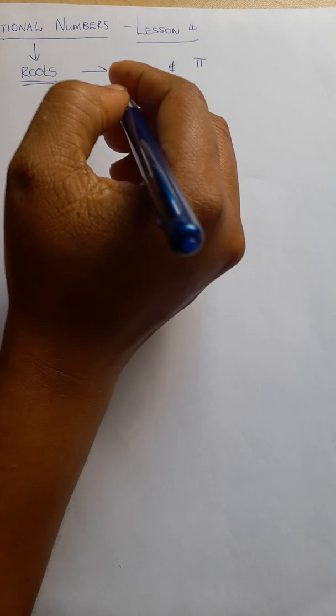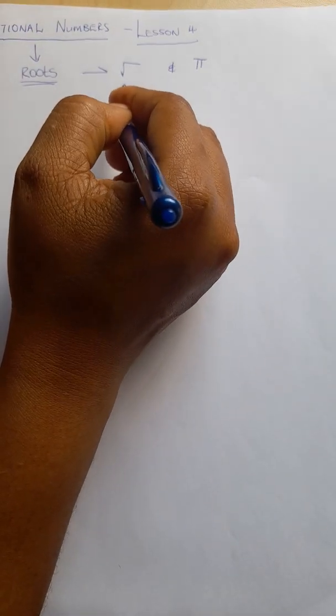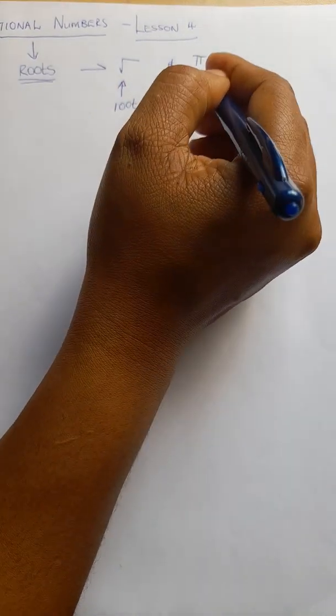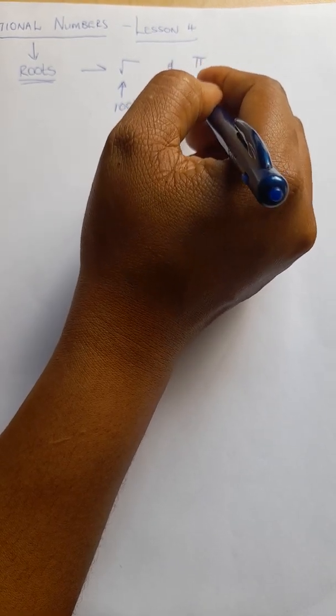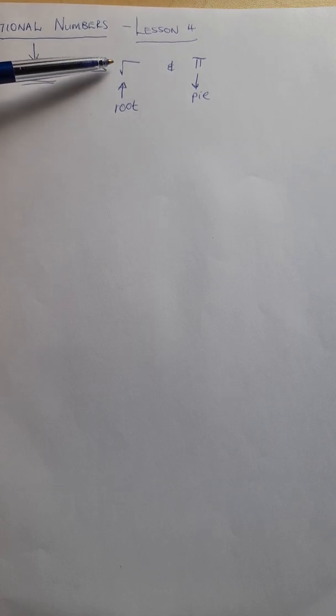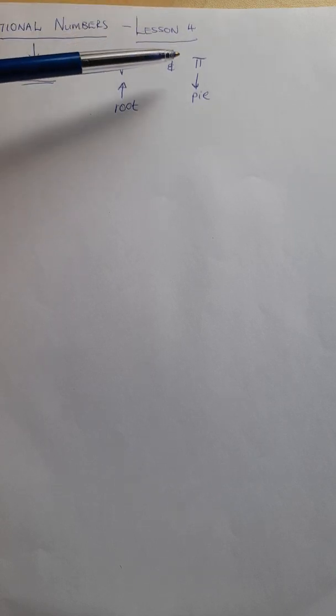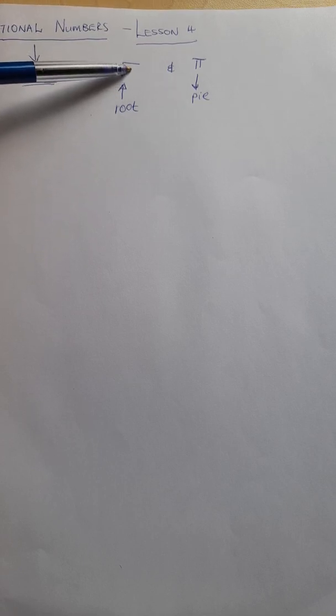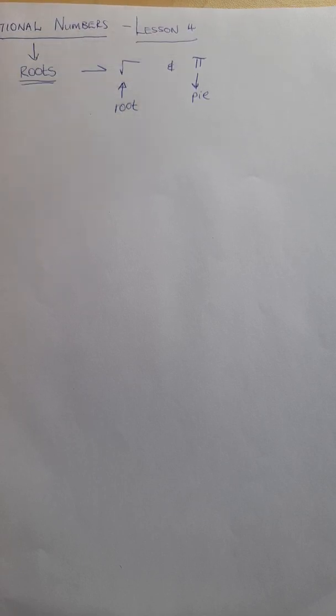And we said the examples of the irrational numbers are roots and pi. This is a root, so let me just write root, and this is pi. Please don't call this a square root. It's a root. I will explain to you. And it's pi. Any number that is inside a root or pi, we call those numbers irrational numbers.